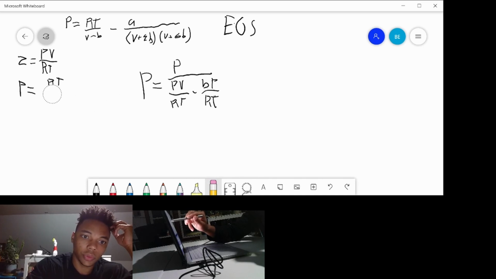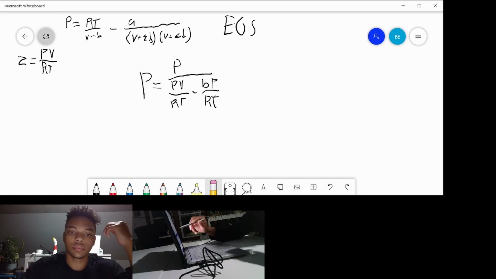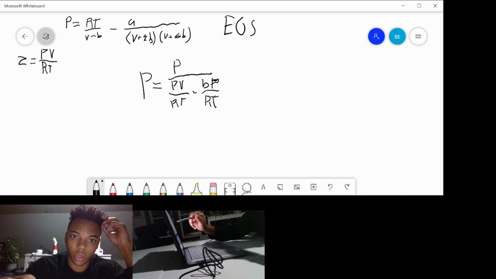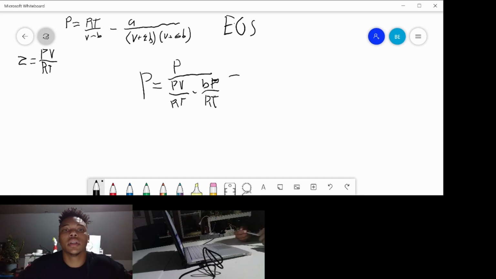Alright, once we've done that, we need to worry about the other side and see how we can get that into terms of Z as well. So we have a over the specific volume plus epsilon b, multiplied by the specific volume plus sigma b.